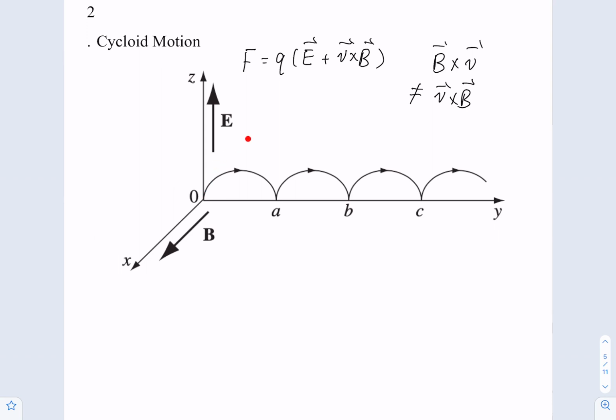And now as it continues to move right, it will reach a critical point where the velocity becomes perpendicular to this E field. So at that point, all the velocity going upwards has been transferred to the direction to the right.